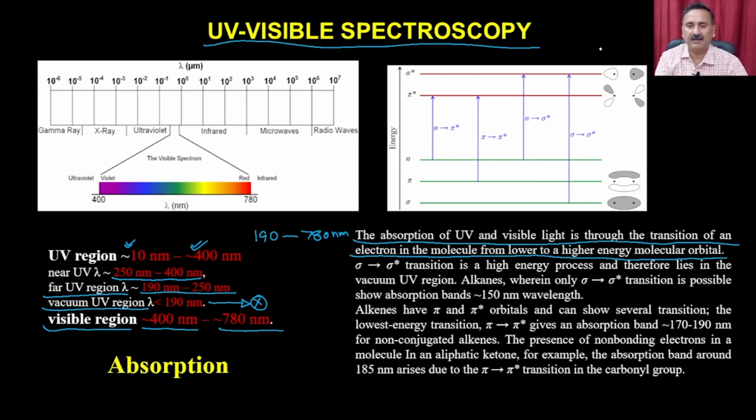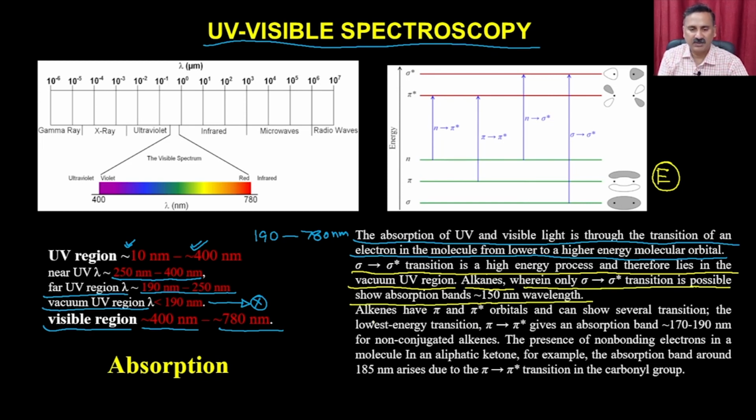So when you are exciting a group present inside the enzyme, the electrons of this particular functional group go from the lower energy state to the higher energy state. The sigma to sigma star transition is a very high energy process and therefore lies in the vacuum UV range, whereas in alkanes only the sigma to sigma star transition is possible, showing an absorption band around 150 nanometer.